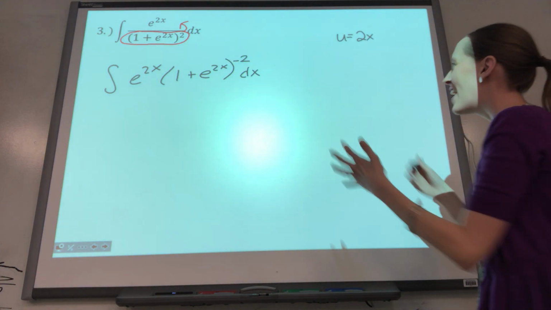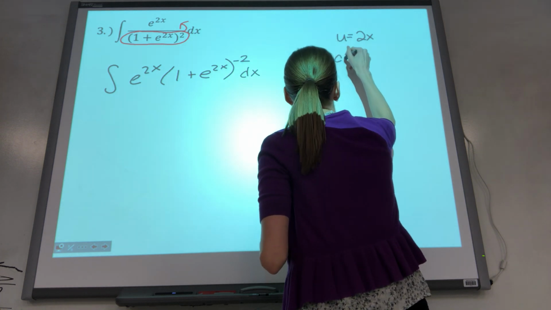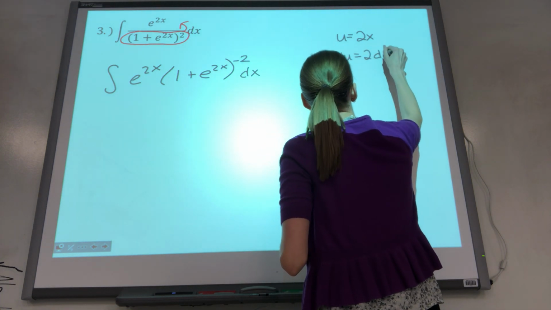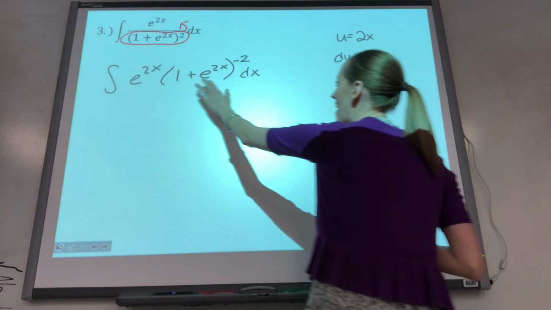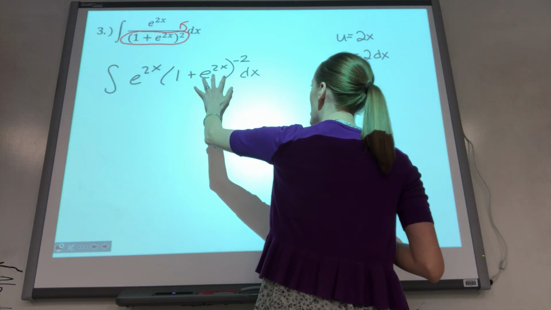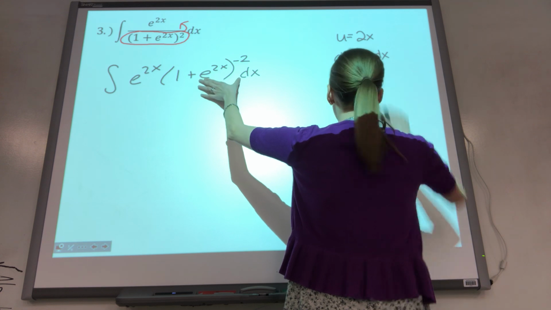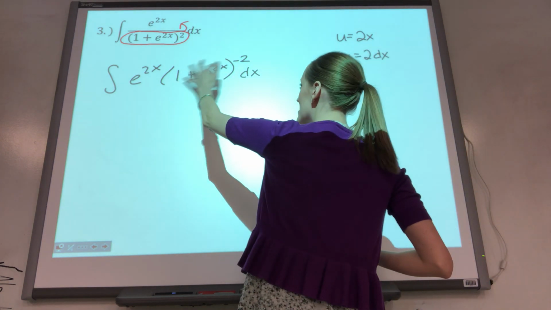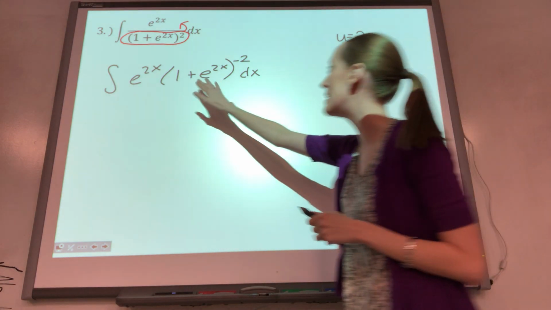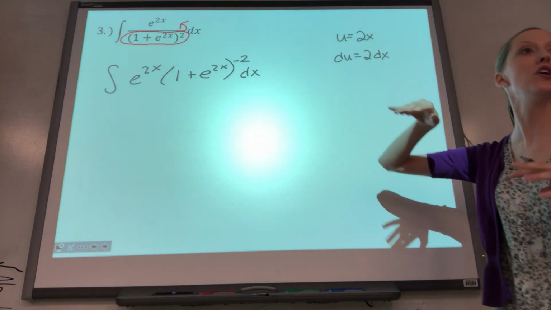But if I try that on this problem, I'm nowhere close to du. This means that this quantity right here with the dx needs to be 2 dx, and there's a whole lot more going on right here than just 2.